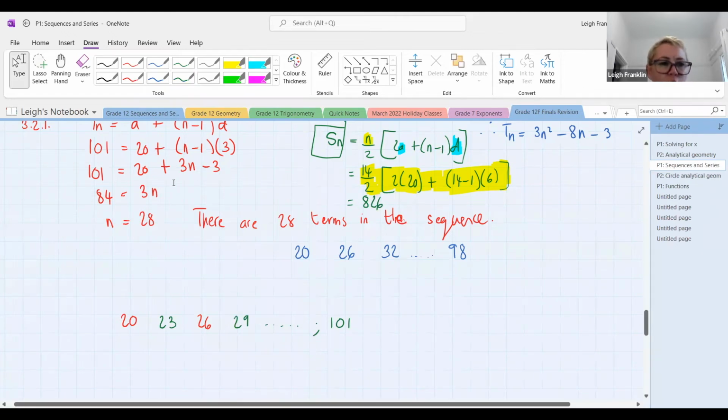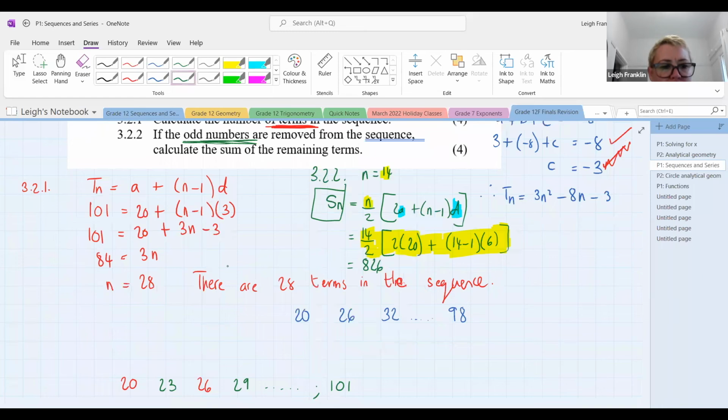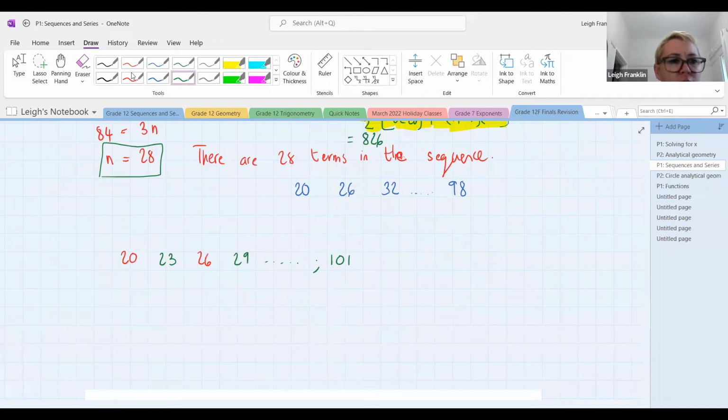Remember, in question 3.2.1, we worked out that there were 28 terms in this pattern. So the pattern goes even, and then odd, and then even again, and then odd, and then even, and then odd, and then even, and then odd.